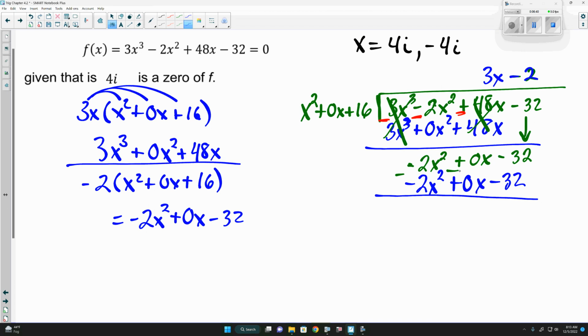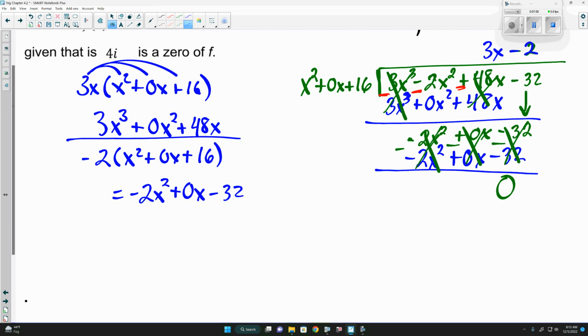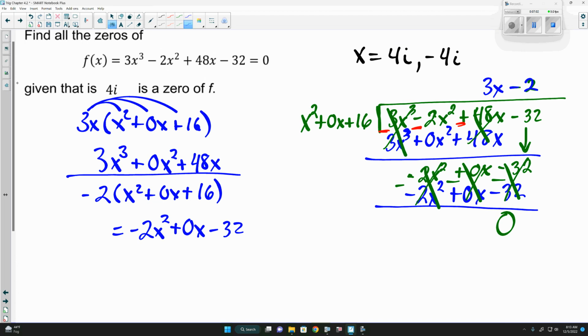And when we subtract this here, we get 0, because negative 2x squared minus negative 2x squared is 0, 0x minus 0x is 0, and negative 32 minus negative 32 is 0. All of this becomes 0, which really leaves us with 3x minus 2.